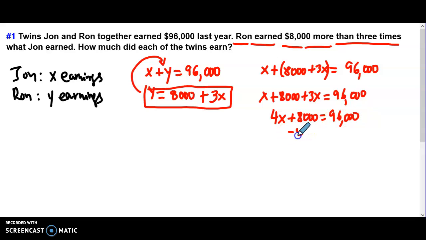Take the 8 to the other side. And if you subtract, you should have 96 minus 8, which is 88. Divide by 4. And X is 22,000.